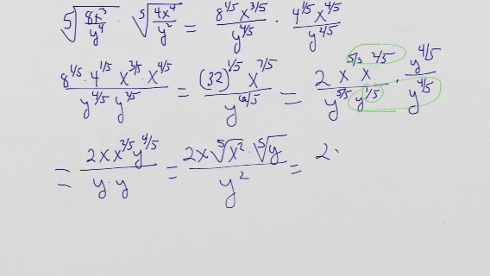So we have 2x outside the radical, and then since these are both the fifth root, I can take x squared times y, and, oops, I lost a 4 there, this should be y to the 4th. So this is the fifth root of x squared y to the 4th, and that is all over y squared.